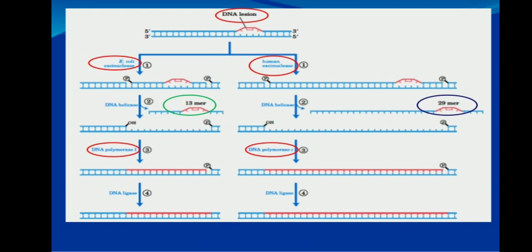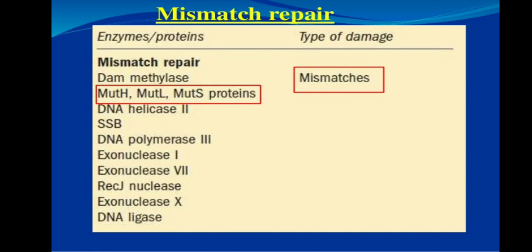In humans, the exonuclease enzymes act on 29 mer sequences. So they remove the bulky DNA sequences, and new DNA is synthesized by the polymerase and ligase fills the gaps. In this way the repair mechanism occurs, by the method of nucleotide excision repair.